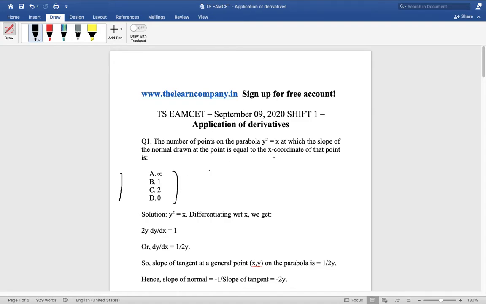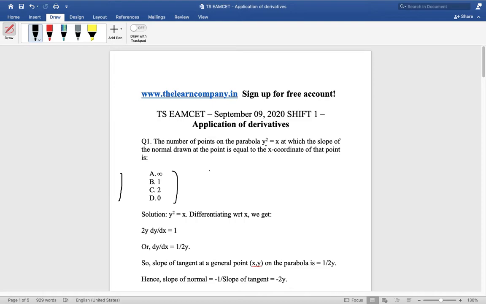In this one, we know that the slope of tangent at any point can be calculated using dy by dx. So I differentiate this curve and I get the value of dy by dx. I put the values of x and y at the point at which we are calculating the slope of the tangent. That way I get the slope of the tangent. Now we know that the slope of the normal is -1 divided by the slope of the tangent.